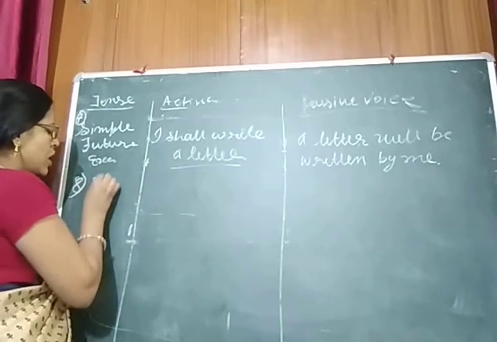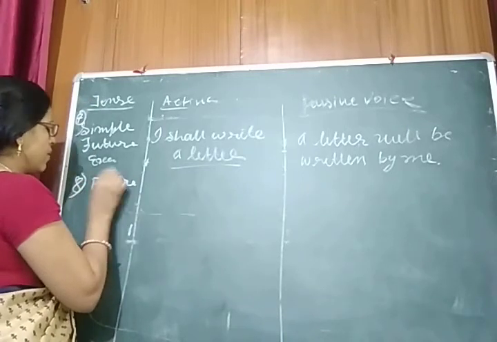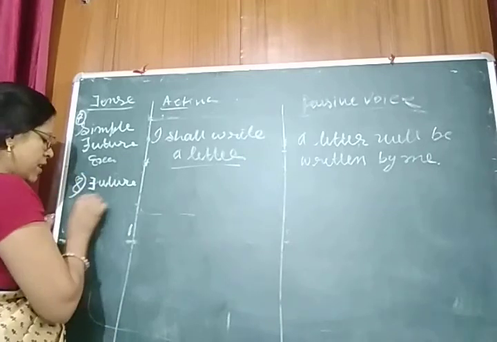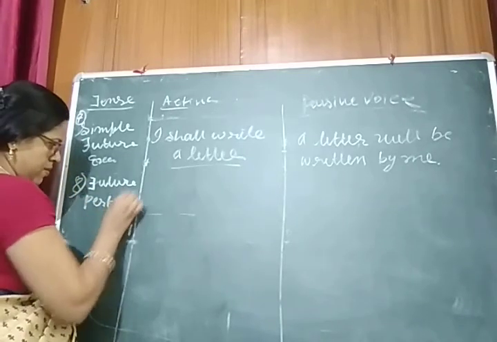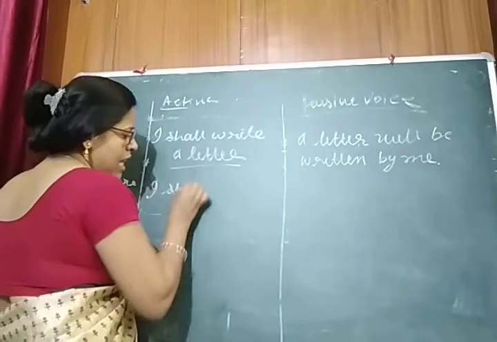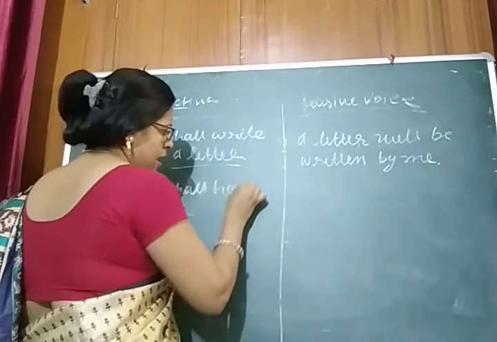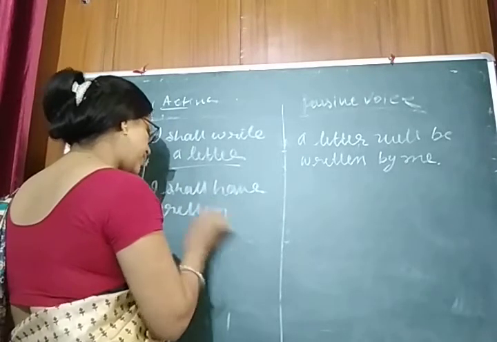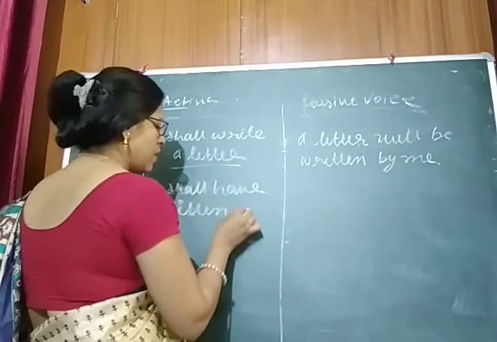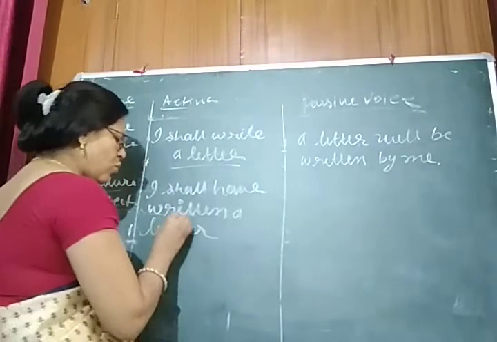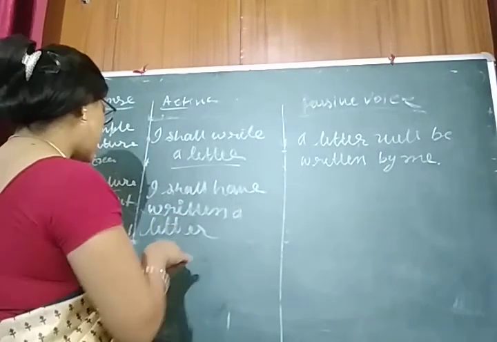So now we have completed seven tenses, and then the eighth, which is the last one, is future perfect tense. Future perfect. I shall have written a letter. What will be the passive voice of this sentence?